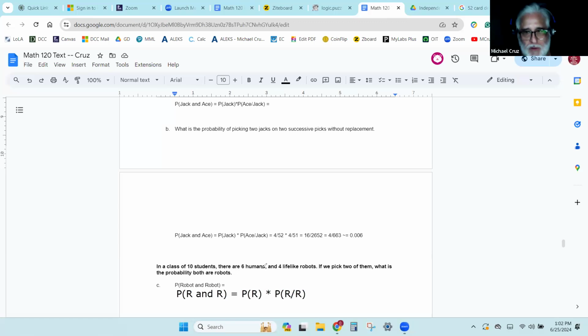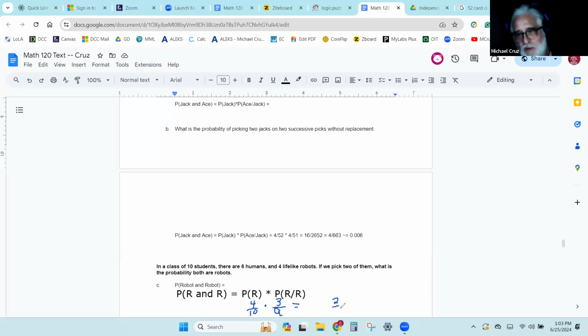Okay. So there are 4 robots out of 10. And on the second pick, since we want 2 robots, there's only going to be 3 of them, and there will also only be 9. And as I said, these can both be simplified, so we can do that.